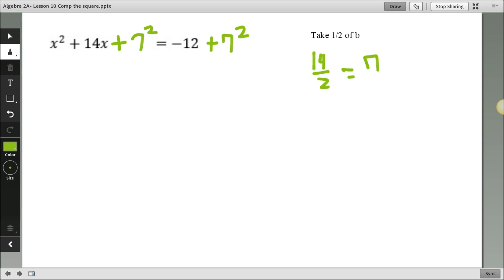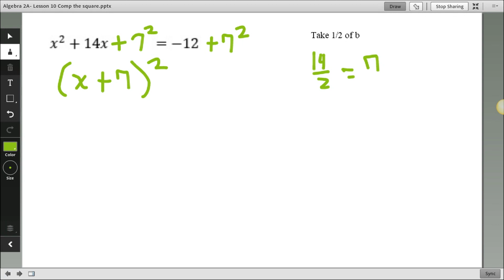So remember, the reason we added it to both sides is because whatever you do to one side, you also do to the other. So why did we do that? Well, on the left, that gives us that perfect square binomial. And that's because we're using the fact that when you multiply a perfect square binomial, when you FOIL, this is the end result every time.